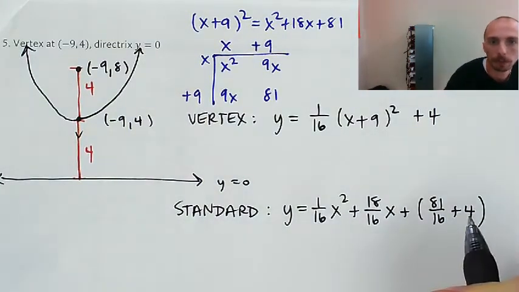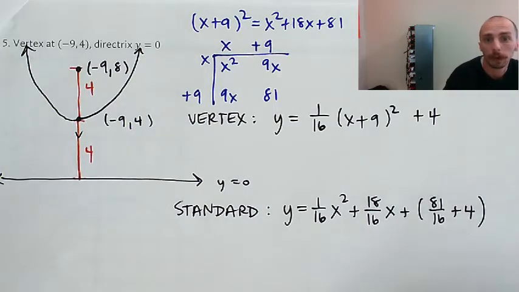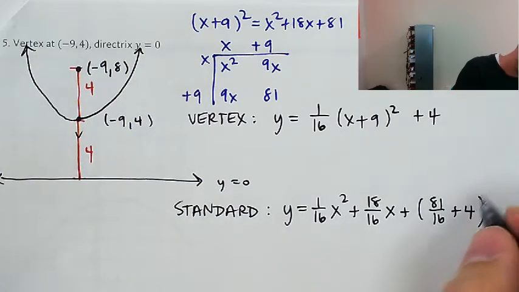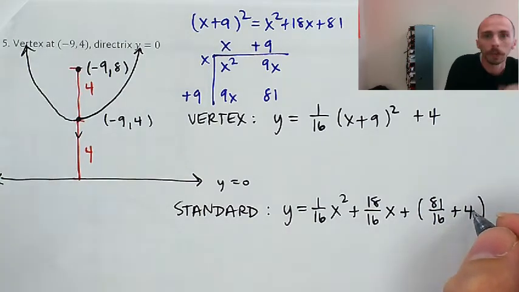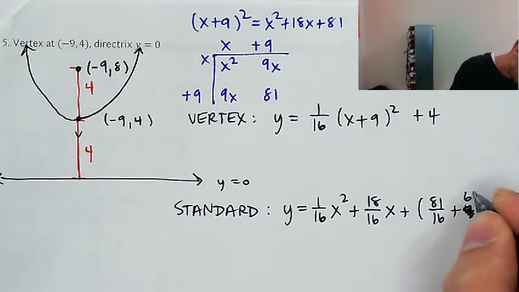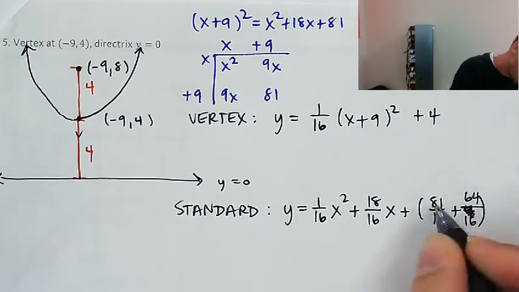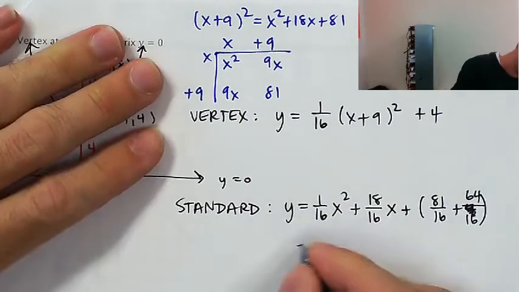All right, if we needed to clean this up, which I don't know if we do, but suppose it was multiple choice and it just had a fraction as the last number, we would need to clean this up. So 4 is something over 16. Okay, 16 times 4 is 64. I know that. So I think this is going to be 64 over 16. Yeah. Okay. So that would be 145 over 16.